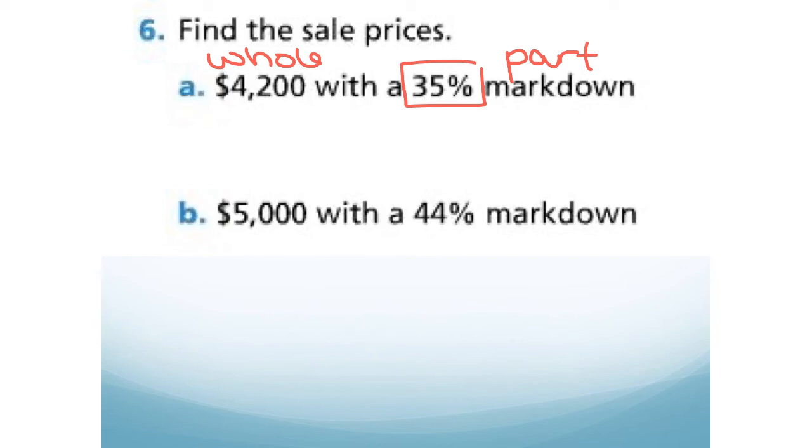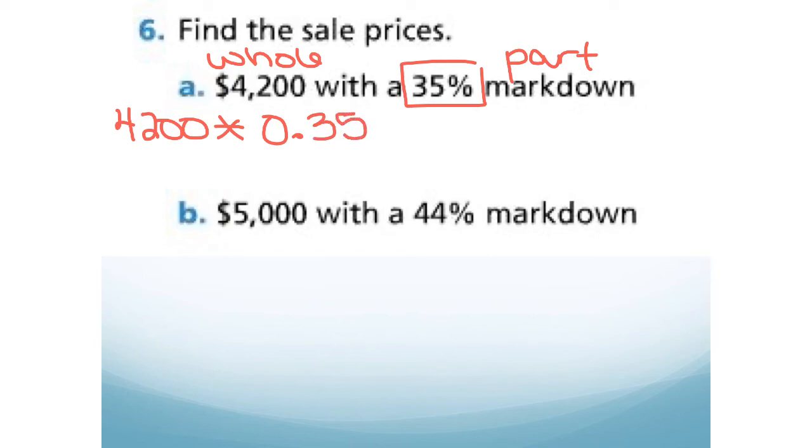Let's use the equation for part A. The equation tells us to take the whole of $4,200 and multiply it by the decimal form of the percent. I would take my percent of 35 and divide it by 100. That gives us 0.35.